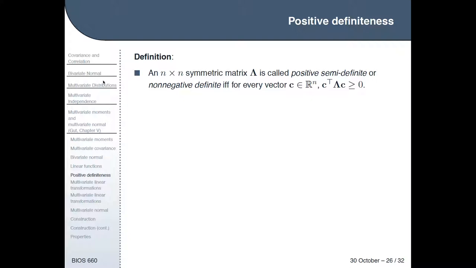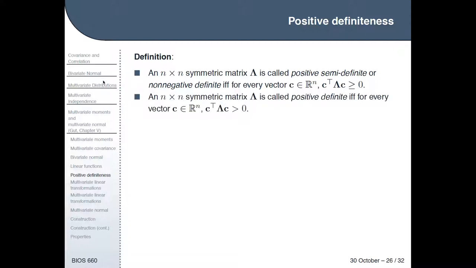For people like me who never got enough background in linear algebra, or if you just need a quick refresher: an n by n symmetric matrix is said to be positive semi-definite, or non-negative definite, if for every c, c transpose times lambda times c is greater than or equal to 0. It's said to be positive definite if for every such vector you get something strictly greater than 0.